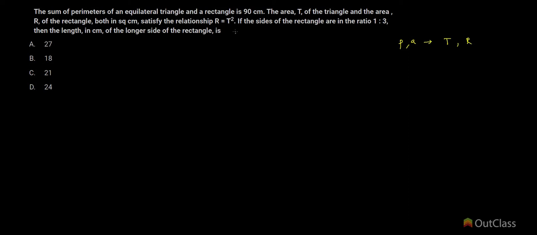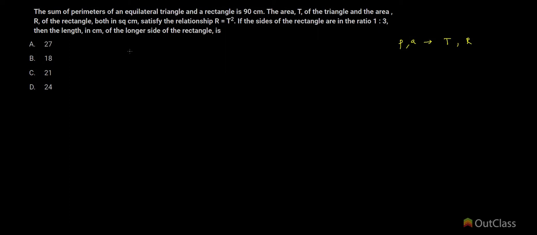We have an expression here that can be used to equate. We have a 90. My recommendation is to only bring that 90 in at a later stage, after we can find the relationship between the side of the triangle and the sides of the rectangle, which can be found from this. Let's see how it goes.